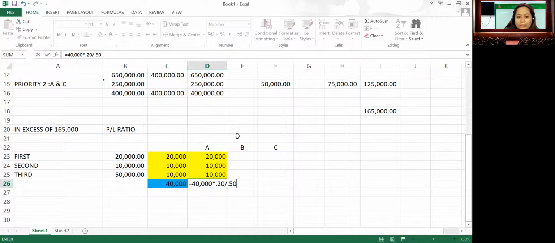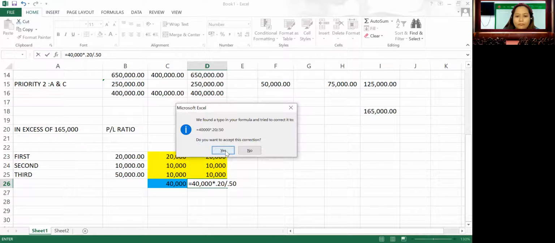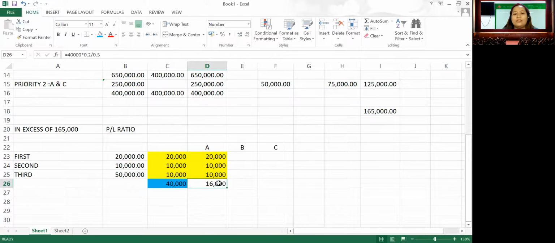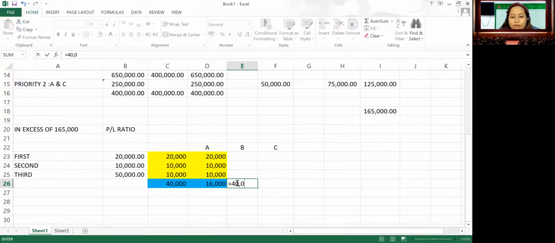Okay, so 20% for A. So ang mangyayari po, yung 40,000, 16,000 doon ibigay natin kay A. Okay? Kay B magkano? Same process po tayo. 40,000 times 0.30 kasi 30% yung kanya sa total na 50%.